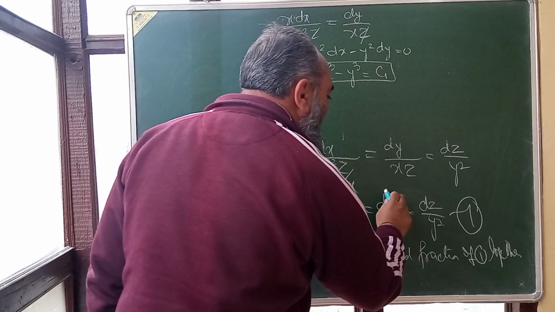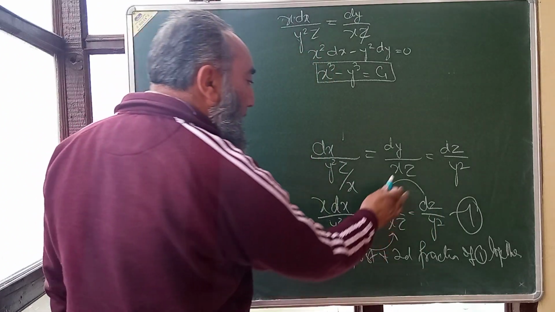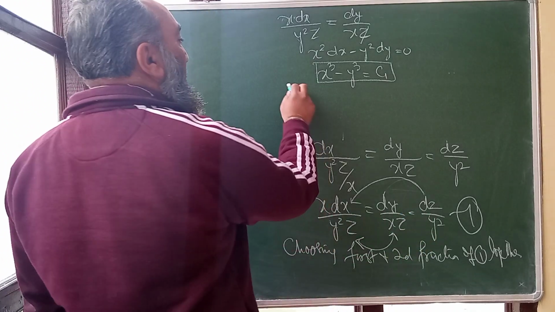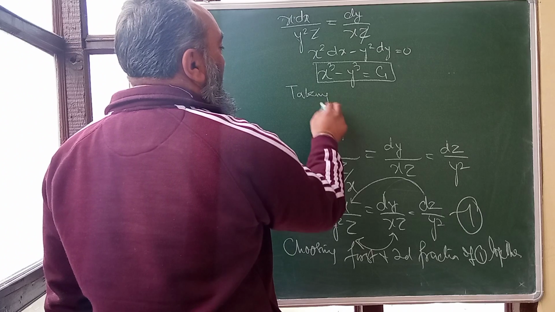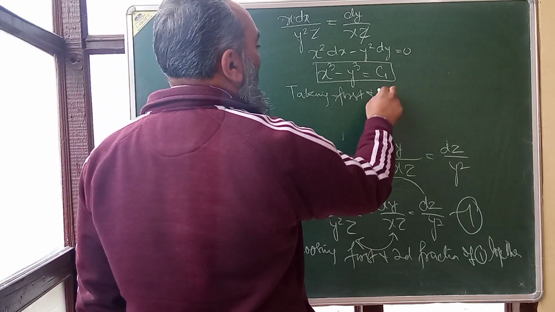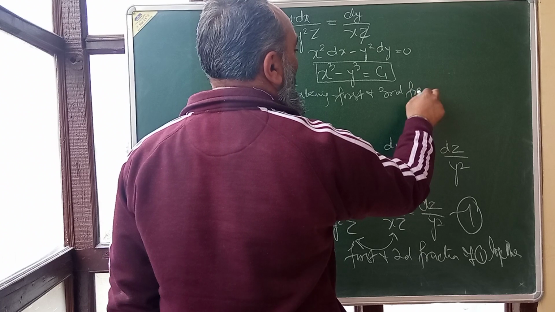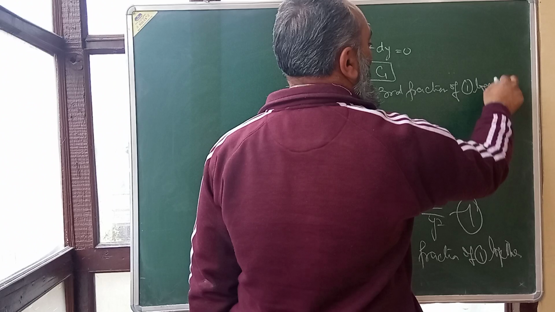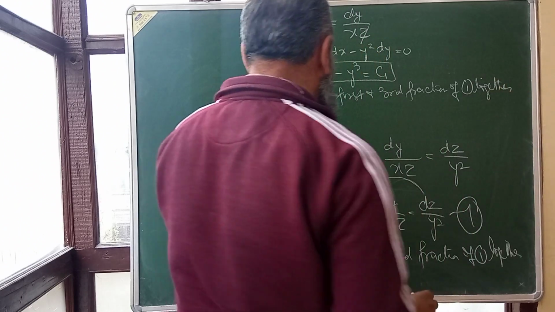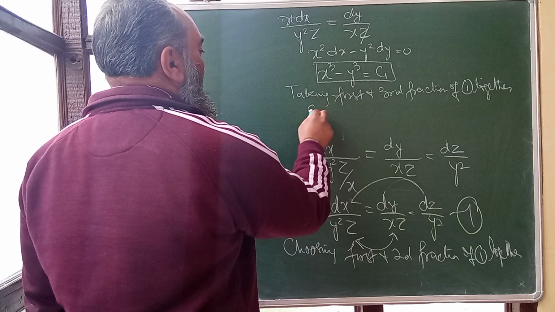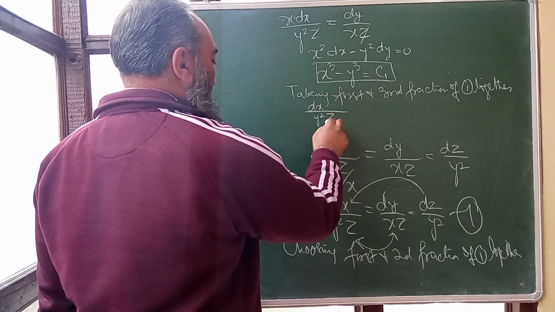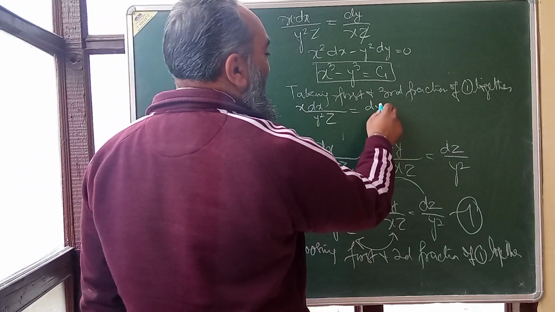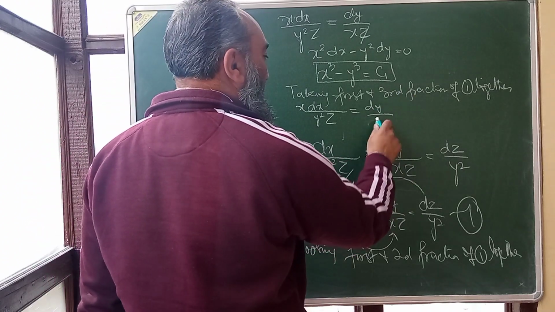Again, taking second and third fraction together. No, I cannot take second and third, but I have to take first and third fraction together because y square will cancel. Taking first and third fraction of 1 together, we will have x dx upon y square z equal to dz upon y square.